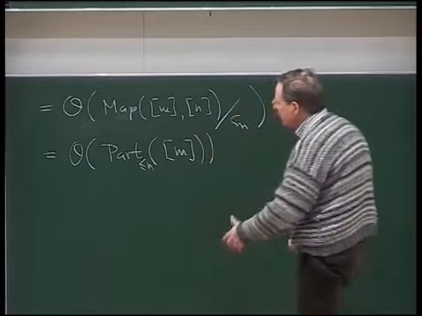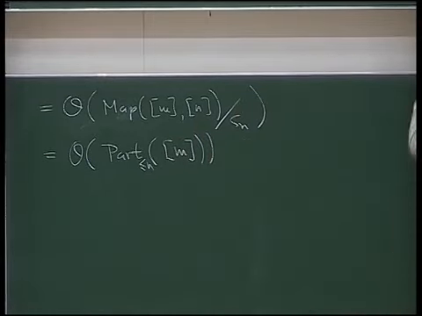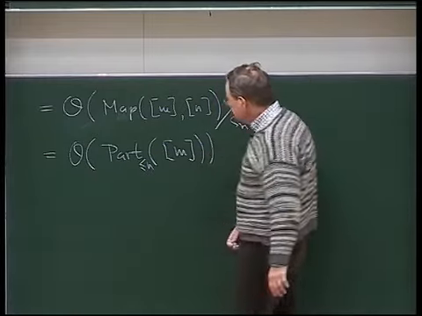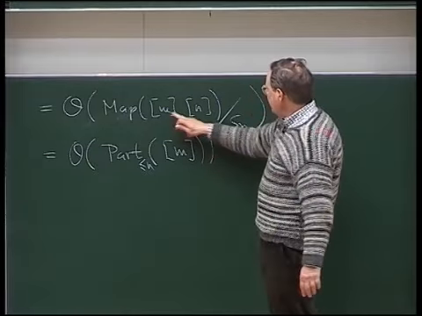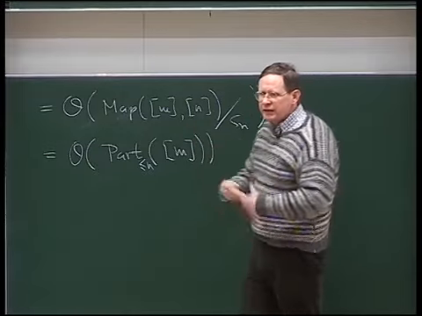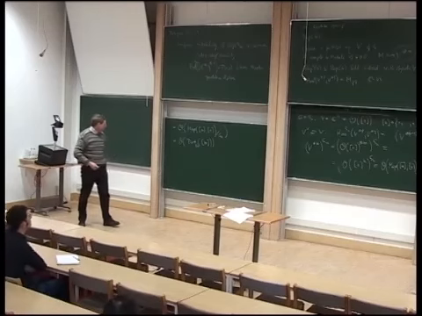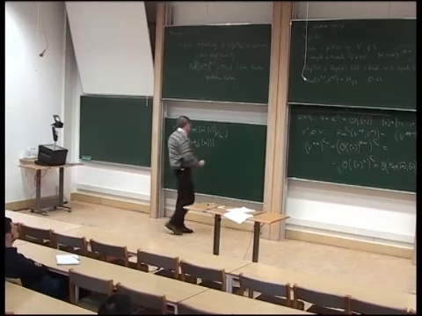Okay, and now the actual point for the stability here is just the observation that if m is smaller or equal to n, then a partition can't have more than n parts. Therefore, this condition actually is superfluous.